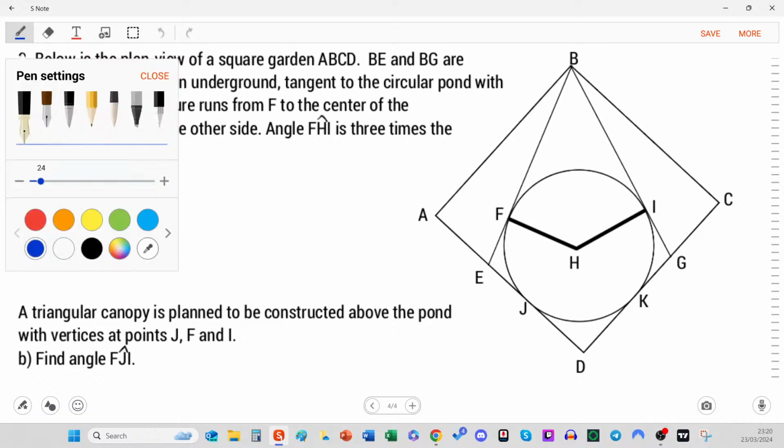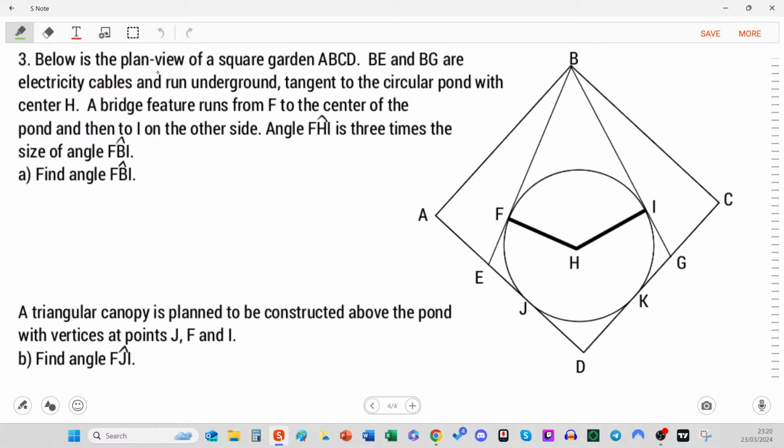So, if it wasn't clear in the diagram, it goes from here to here, which essentially you can walk across. And let's go back to pen. FHI is 3 times the size of FBI. Find FBI.